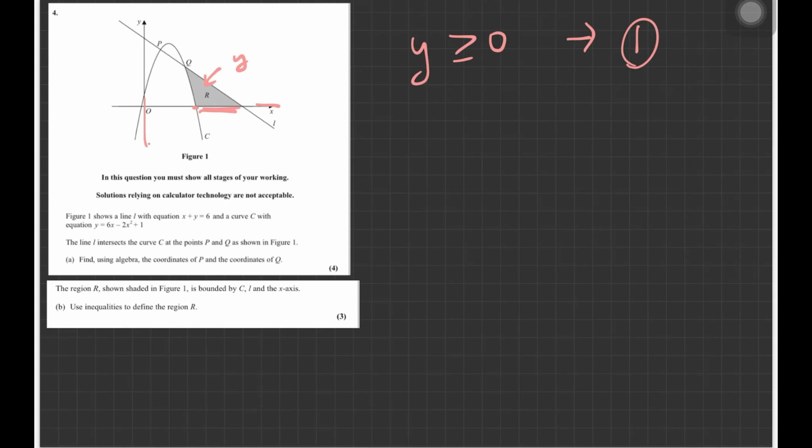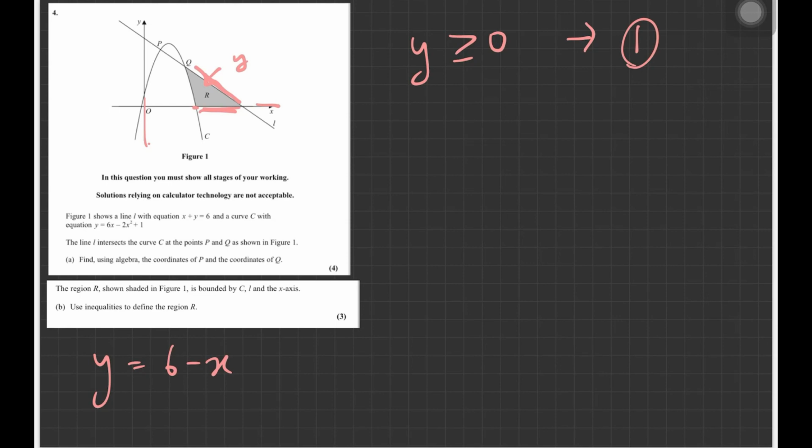Now we get on to our second inequality, which is set by the straight line here. We know that the straight line's equation is y equals 6 minus x, which we rearranged before.